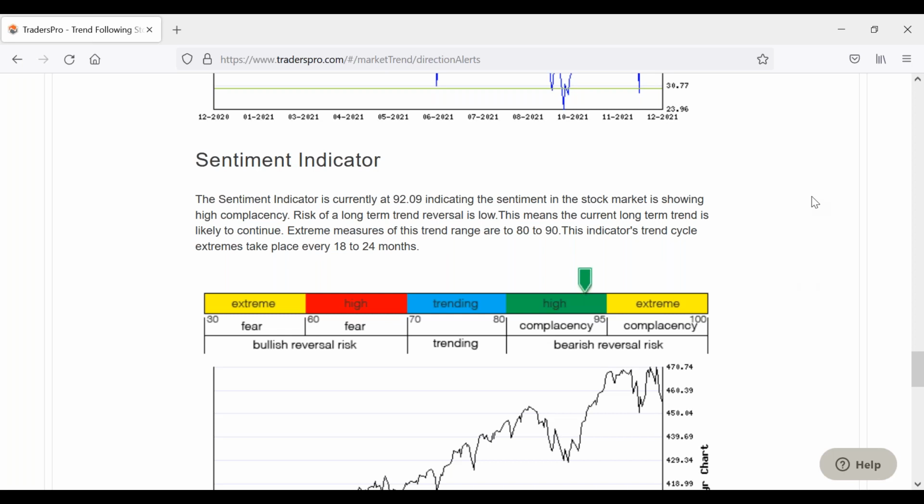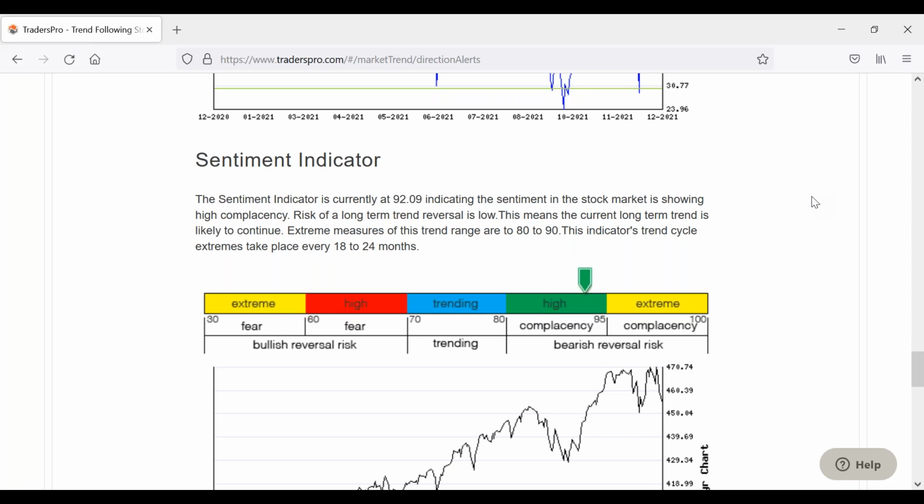Now, I've said this a thousand times, but I'll continue to say it. That concerns me, because there hasn't been any fear really in the selling that's taken place. There's a lot of market participants that just think this rally is going to go on forever. Now, it can go on longer, but this is what's going to lead to a much bigger correction or crash, or whatever you want to call it.